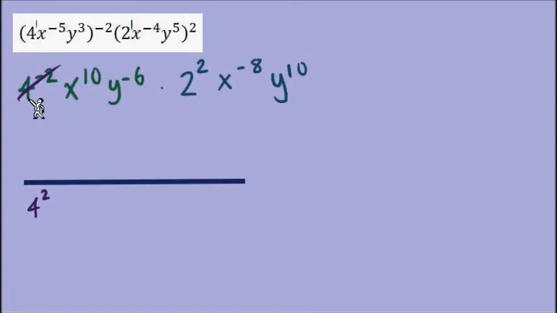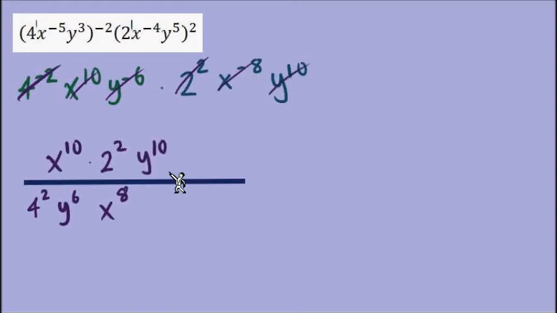So I'm moving this from numerator down to denominator, but this x to the power of positive 10, that has a positive exponent, so it does not need to be moved. It will stay in the numerator. And we'll just keep going down the list. Y to the power of negative 6, we'll move that to the denominator. 2 to the power of positive 2, we'll keep that in the numerator. X to the negative 8, we'll move that to the denominator. And y to the power of positive 10, we'll keep that in the numerator.